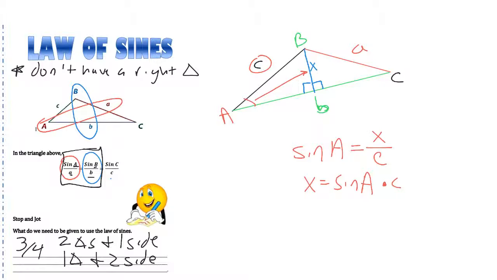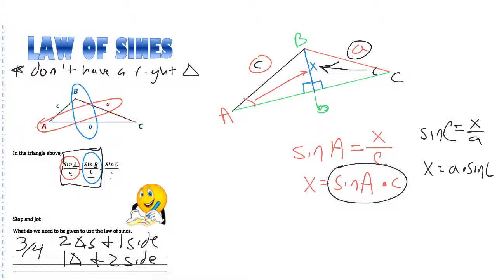Then they figured out, oh, we could do the exact same thing if I look at angle C. Sine of angle C equals opposite, which is x, over the hypotenuse of this right triangle, which is a. And again, to solve for x, we get a times sine C. So x equals sine A times c, and x equals a times sine C. So since they both equal x, we could just set them equal to each other.